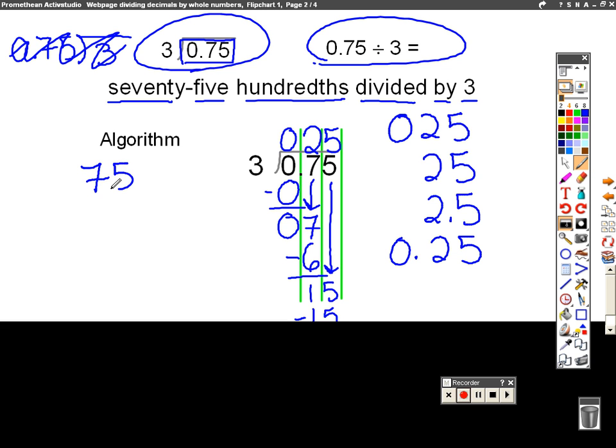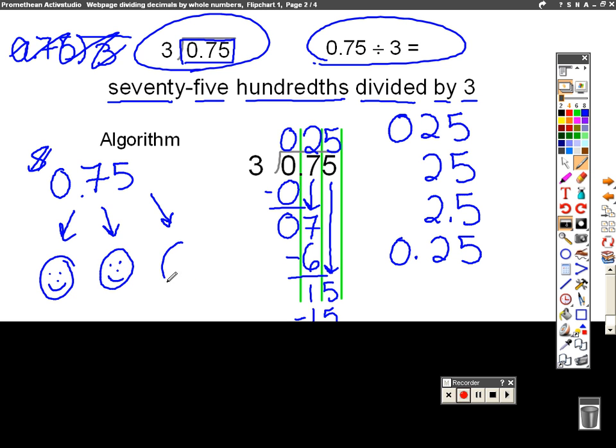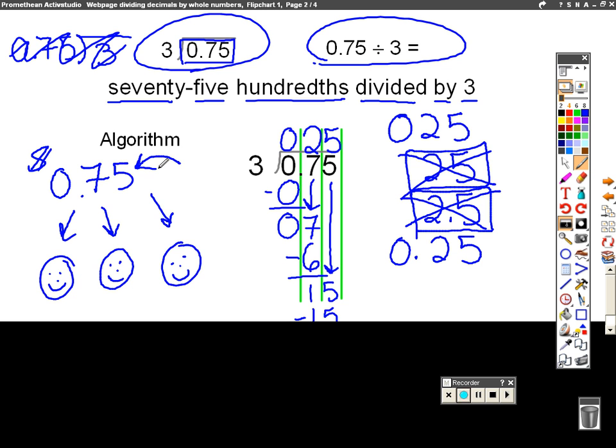If you have 75 cents, and you're dividing it up among 3 of your friends, would it be realistic that each person gets $25? No, that doesn't make sense. Would it be realistic if they got $2.50? No, that wouldn't make sense either, because we're starting off with only 75 cents. How about 25 cents? Yes, that would make sense.